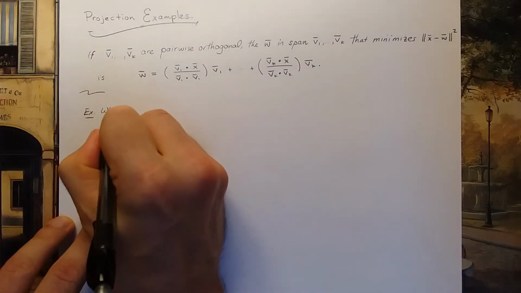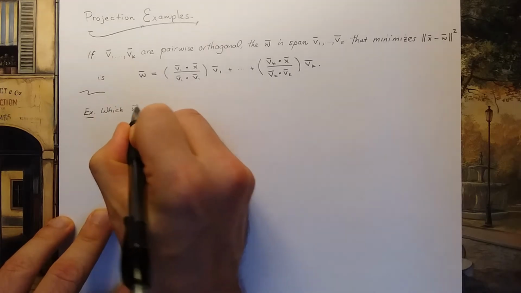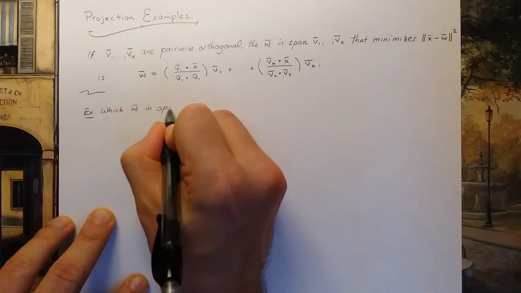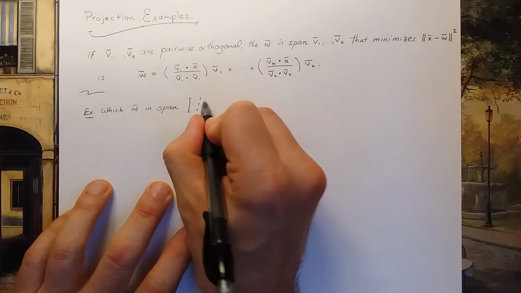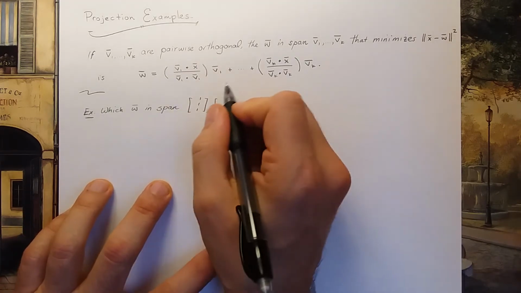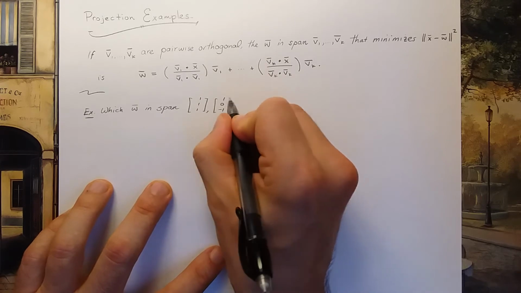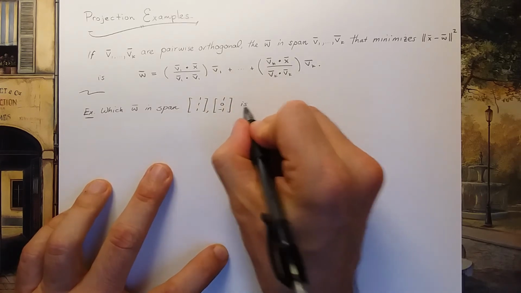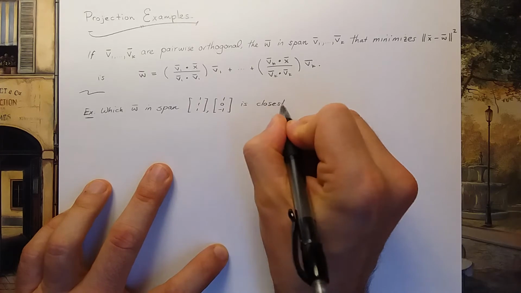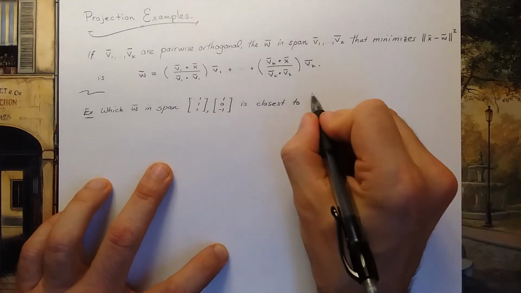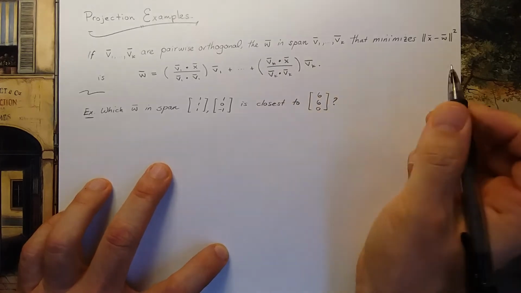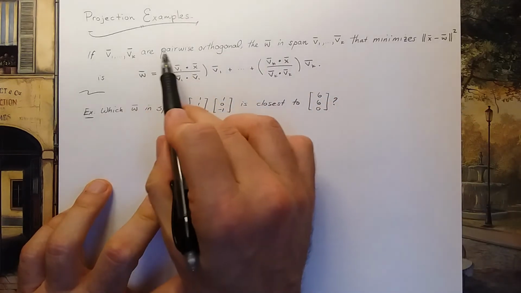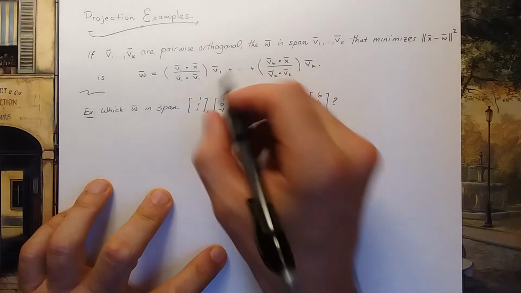Which w in the span of the vectors 1, 1, 1 and 1, 0, negative 1 is closest to the vector 6, 6, 0? So this is an example of such a problem we've been discussing.